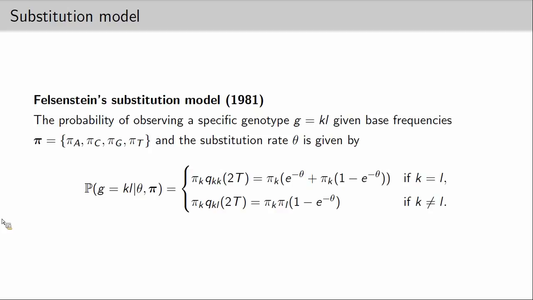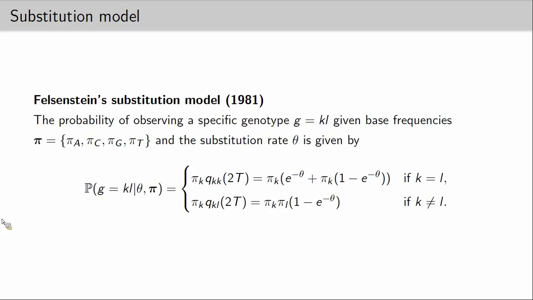The formula may look a little bit complicated, but if I walk you through, you see it's actually a very simple model. So what we have here is the probability of a genotype given the frequencies pi and the heterozygosity zeta. Zeta we can see as a kind of overall mutation rate in that sequence. So if you look at the lower line here, if the two nucleotides of a genotype are actually different, so k not equal to l, then in that case, we do require at least one mutation on the sequence, okay?